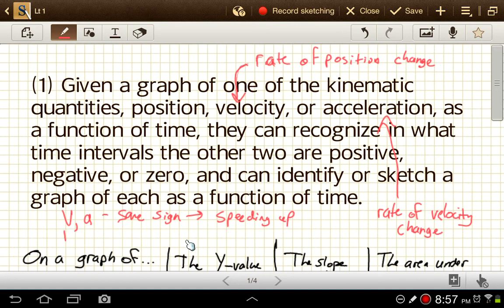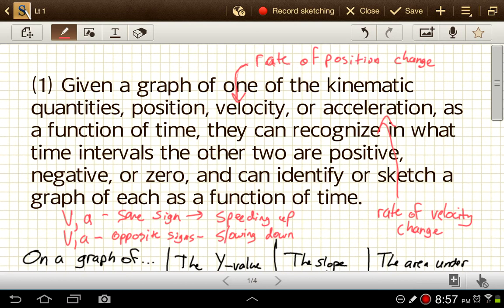If velocity and acceleration have opposite signs, one's positive and one's negative, then that corresponds with slowing down. So if velocity is in the positive direction and acceleration is in the negative, or vice versa, that object is slowing down. Its velocity is getting closer and closer to 0.